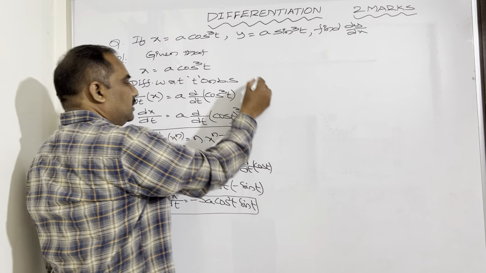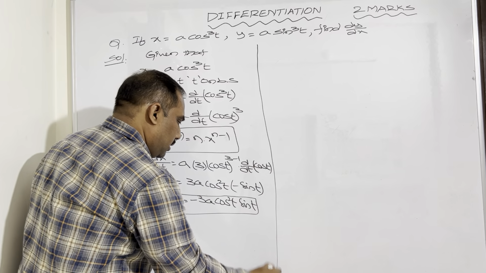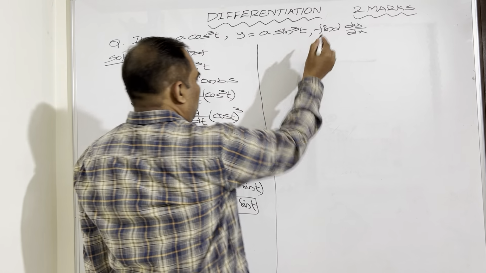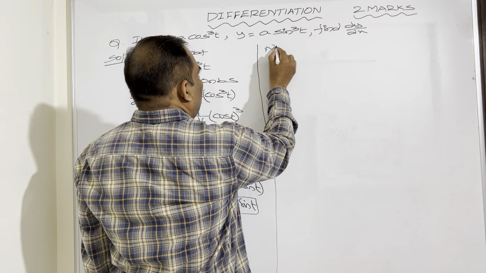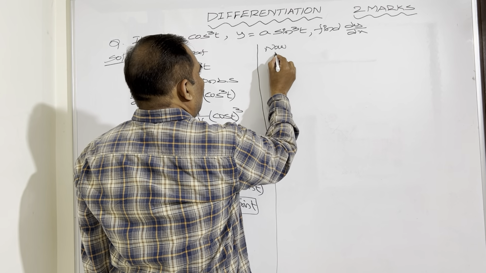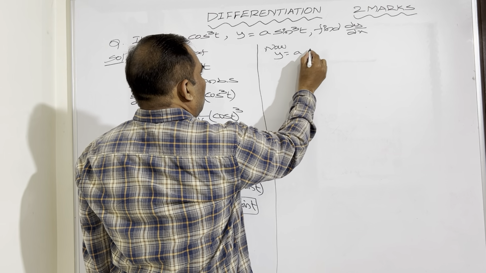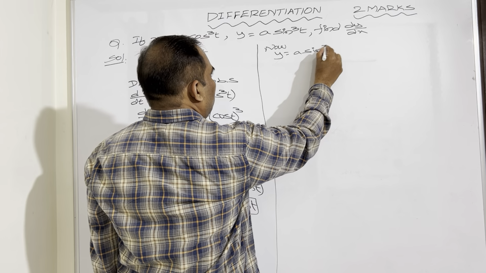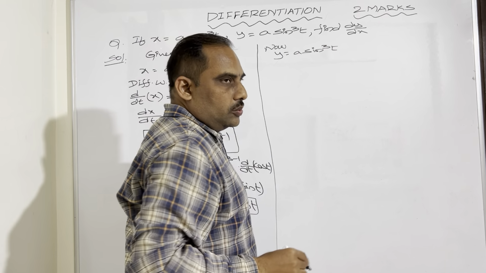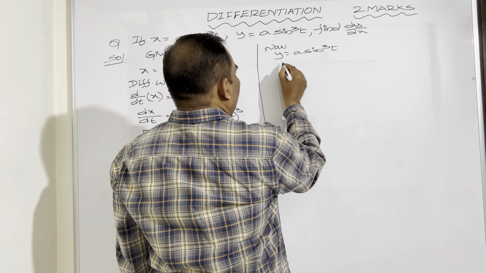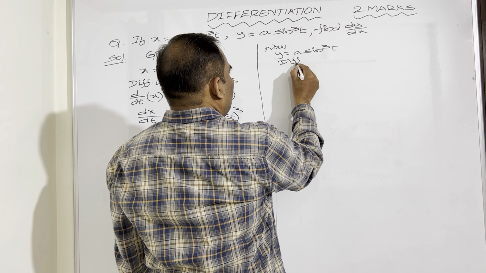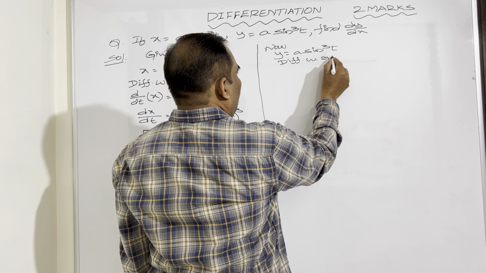Now again the function y is also given here. So now y is equal to a sin cube t. Now this is also differentiated with respect to t on both sides.